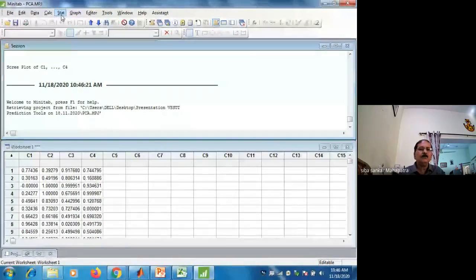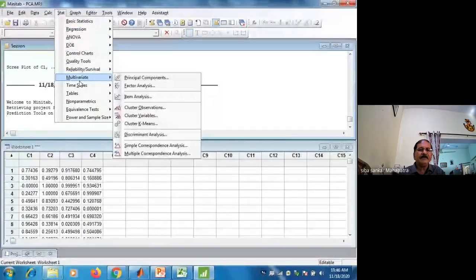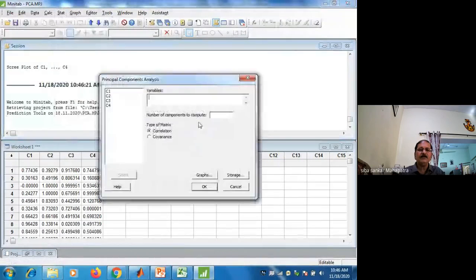Now you go to statistics here, then go to multivariate and go to principal component. Now there are 4 variables: the normalized MRR, normalized tool wear rate, normalized surface roughness, and normalized circularity. Then select them. Then type the number of components you want to compute.